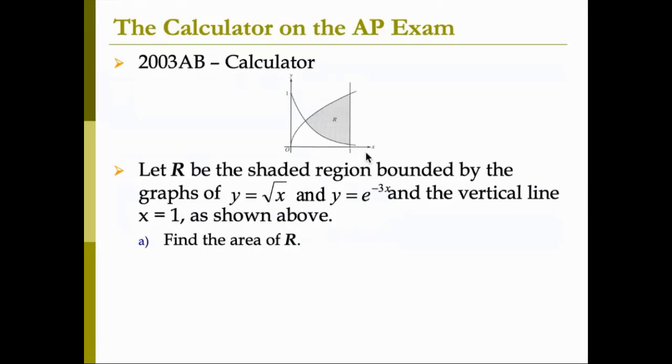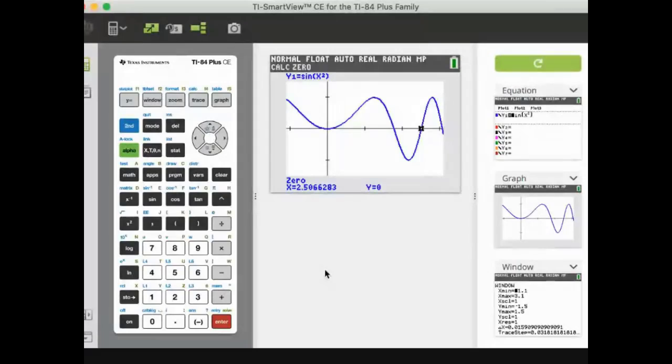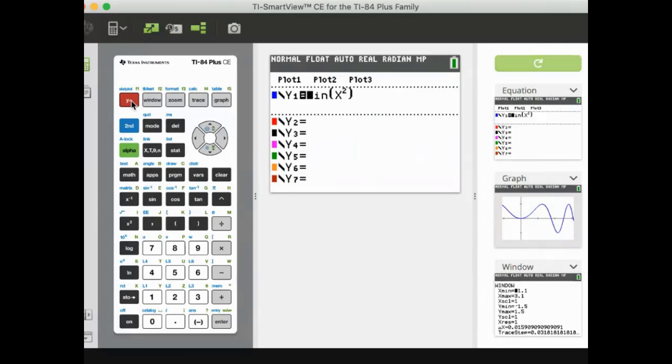So let's go ahead and look at our calculators, okay? So I'm going to go ahead and show you my calculator. The first thing I'm going to do is go ahead and type both of these graphs into my y equal. And so let me show you what that would look like. So if I wanted to do that, square root, there is a square root button. So it's right here. So if everyone looks in blue, it's square root for the TI-84.